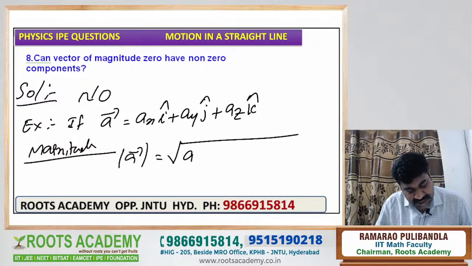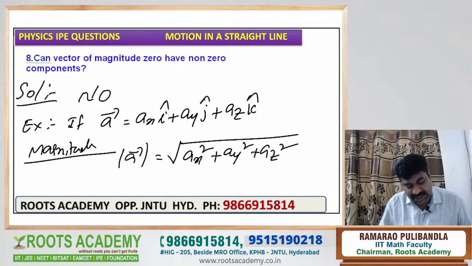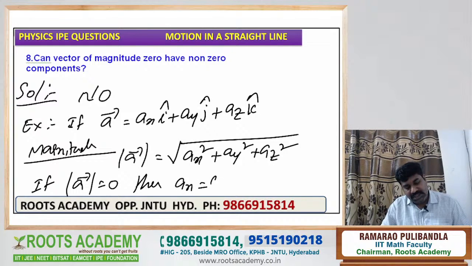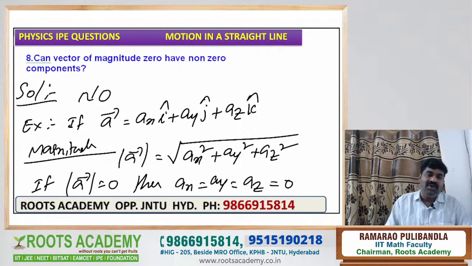Square root of Ax square plus Ay square plus Az square. If the magnitude of A bar is equal to 0, then Ax, Ay and Az must all be equal to 0.